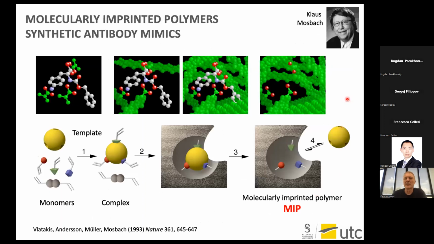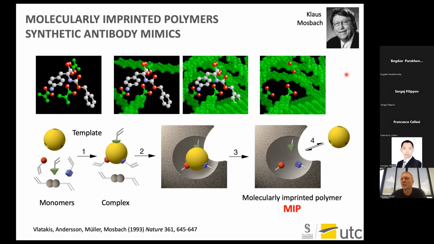So here is a schematic presentation of how molecular imprinting works. Before I explain it, I would just like to give some credit to Klaus Mosbach, who is one of the fathers of the technology. There are two main researchers that have worked on molecular imprinting in its beginnings.